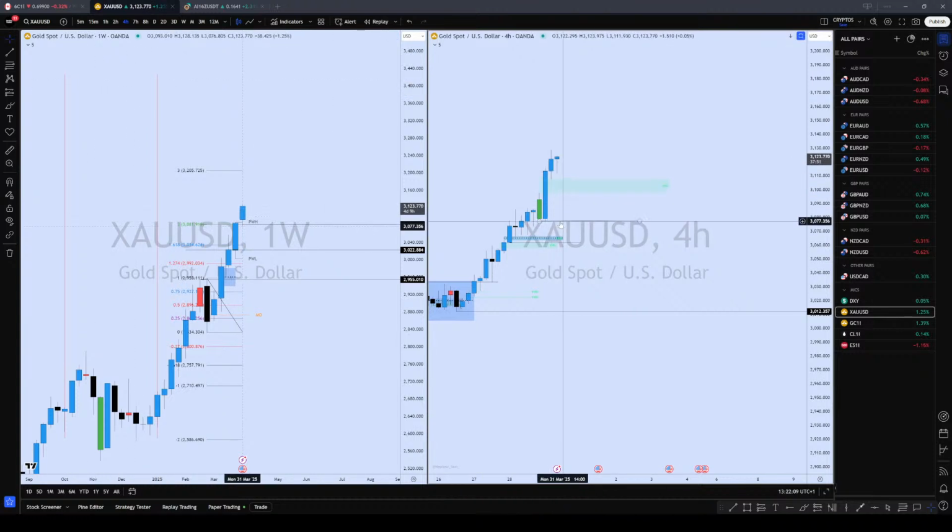This being the gap, your protection still goes for this candle's low anyway. So if you want to keep buying, yes, you can, but it's risky. Just make sure that you're not leaving your stop loss anywhere in here. Your stop loss needs to be below this candle's low, and then you keep buying if you want to keep buying. So that is basically gold for you.